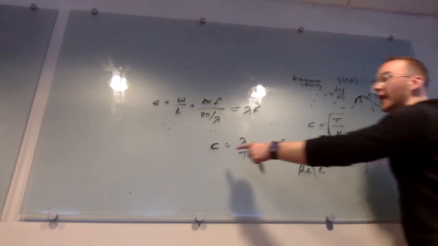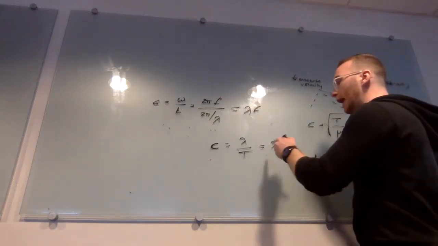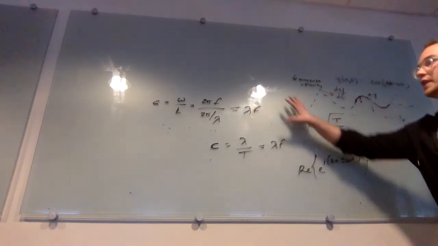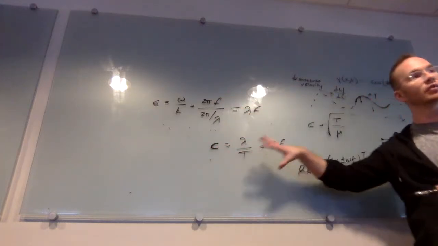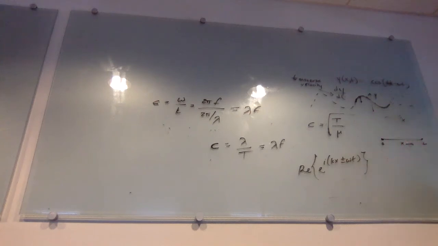So this is the actual wave moving. Again, no matter is moving forward in the x direction at all. So these things are all properties of waves, not properties of particles on waves, even though that's how they're made.